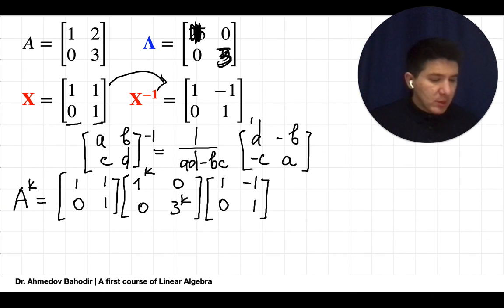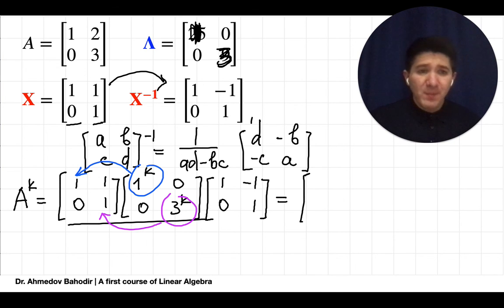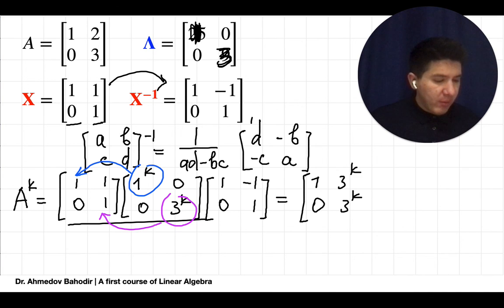Okay? So let's do this. Let's multiply the first two matrices. I'm going to multiply the first entry by the first column, and the second entry by the second column. And what we get is simply 1, because 1 to the power of k is 1. So 1, 0, then 3 to the power of k, 3 to the power of k.